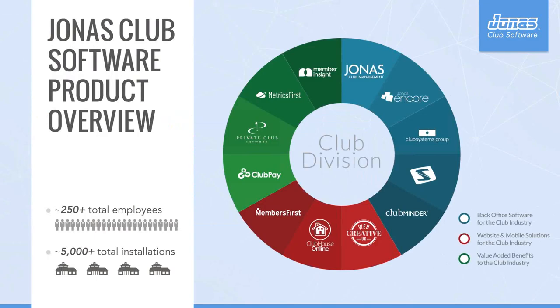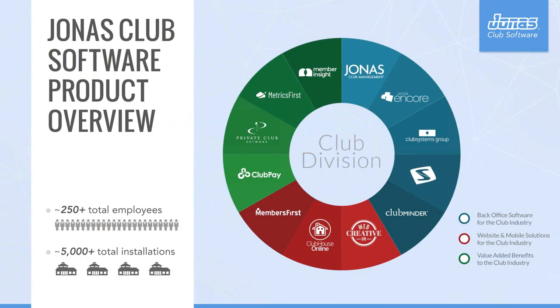So I just want to give everybody a bit of background on Jonas Club Software. I'm guessing that many people on the line today have probably had a touch point with Jonas Club Software already, maybe with Jonas Club Management or as a Jonas Encore user. But Jonas Club Software is actually comprised of multiple brands. We have our back office products here in the blue teal color.